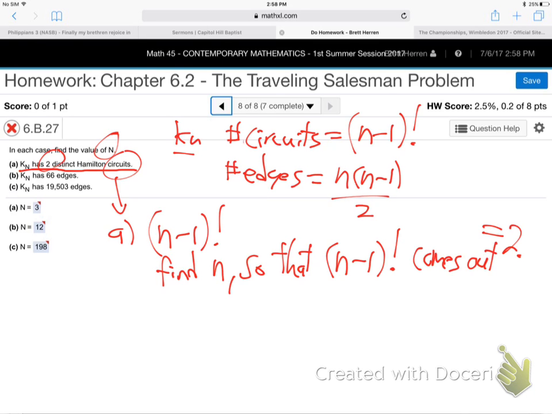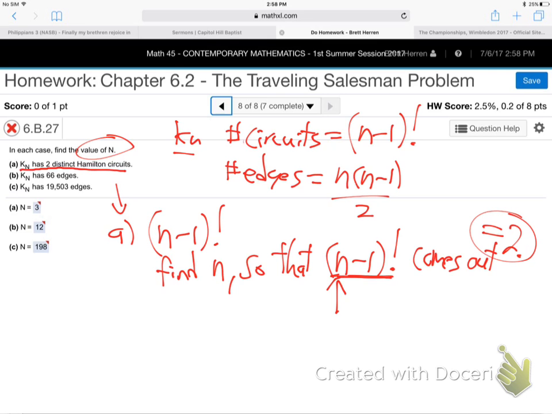See what they're saying there? Am I losing you in the verbiage? See how I'm coming up with that over here? They're saying find n so that it has 2 circuits. So what n could you put in here so that this will equal 2? That's what they're saying, right?